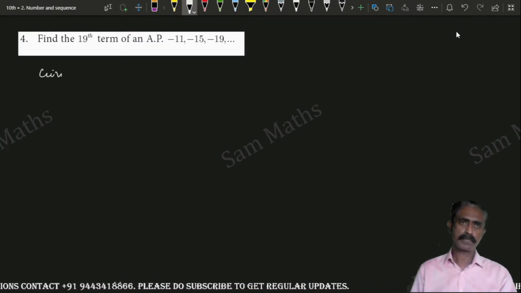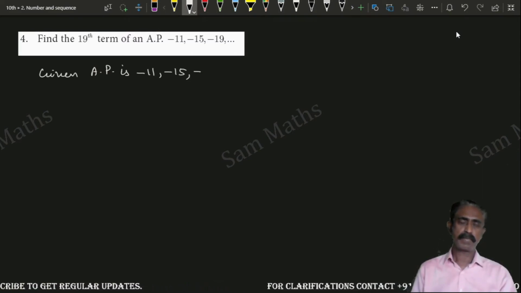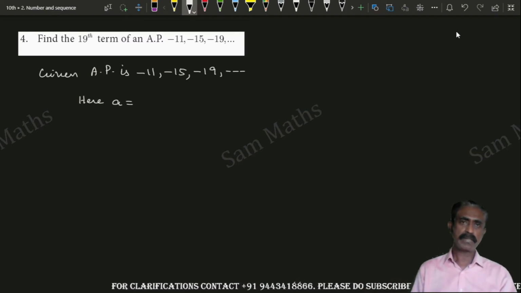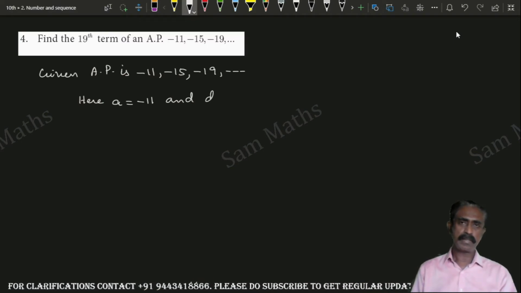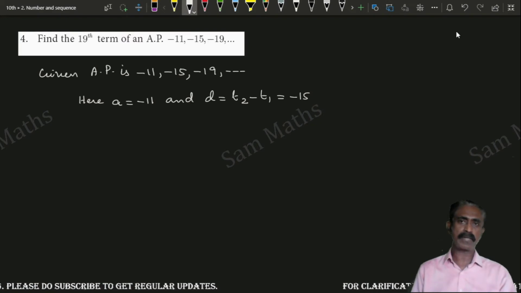Given AP is minus 11, minus 15, minus 19, etc. Here A is equal to minus 11, that is the first term, and D is equal to, just I am writing the formula, in that case you can recollect, T2 minus T1, that is equal to minus 15 minus of minus 11.